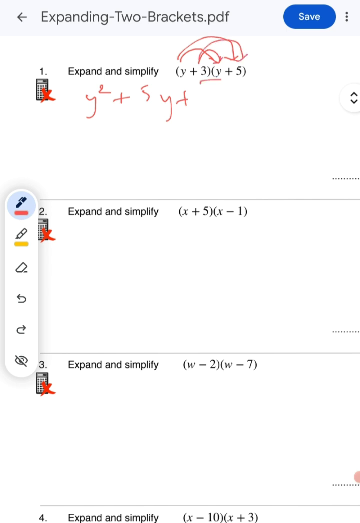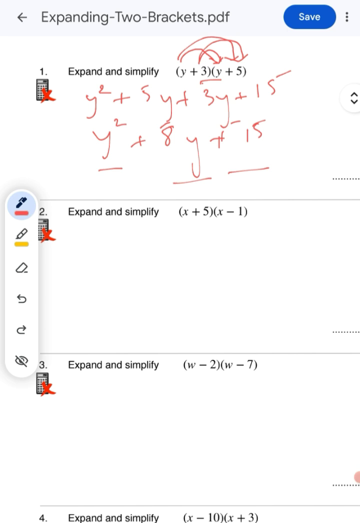Now 3 multiplied by y is 3y and 3 multiplied by 5 is 15, right? So y square, add the y with the y, that becomes 8y plus 15. Please note that you cannot solve y square with a y and your y with a constant. Okay, so you will leave it as it is.